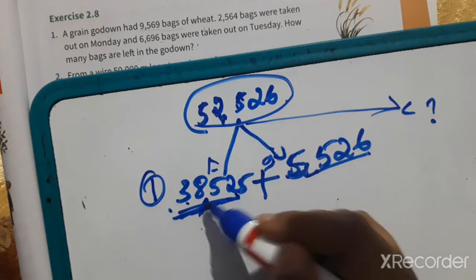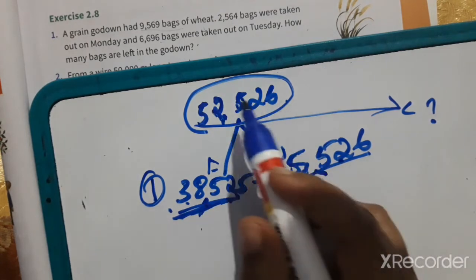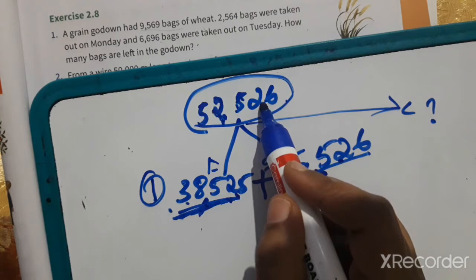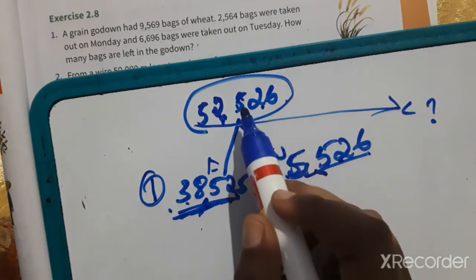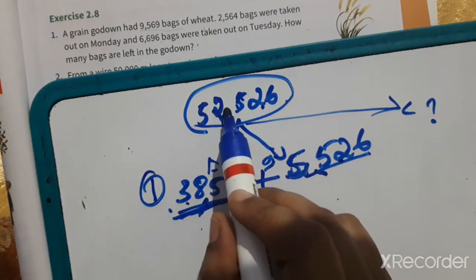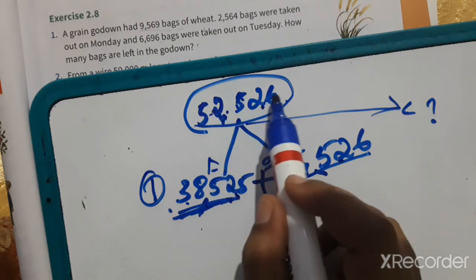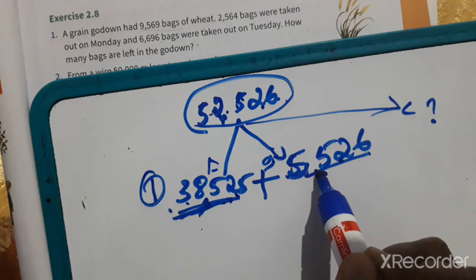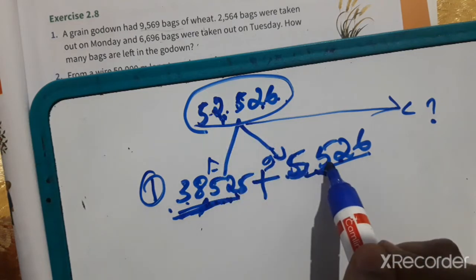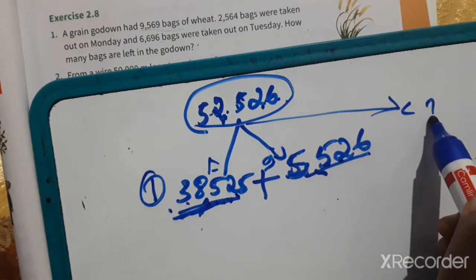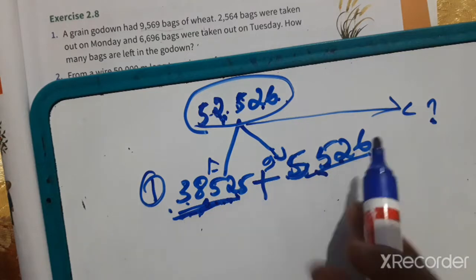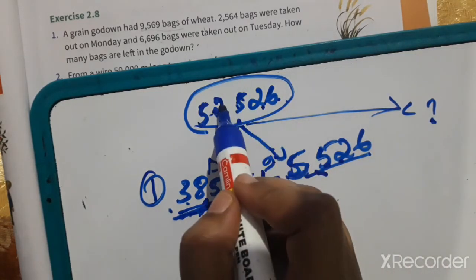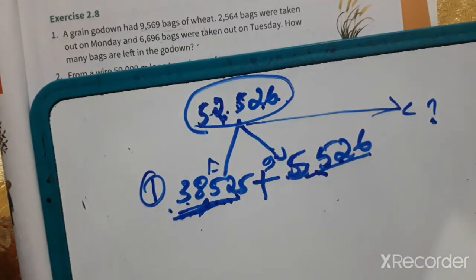This is an easy method. Add these two votes and minus with the given total number of votes. Or we can directly subtract first person's votes and then B person's votes from the total, then we get the remaining. Or else add these two people and minus with the total votes polled.